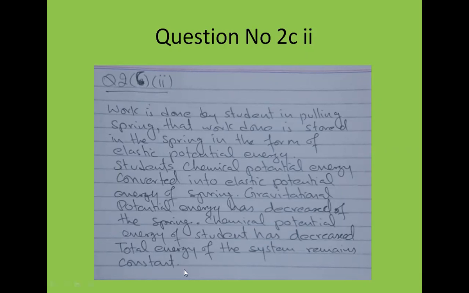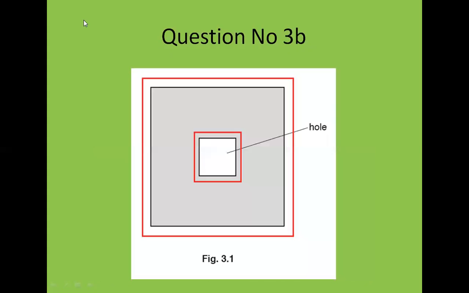I wrote spring here, but the better word, instead of saying spring, is to write load. The gravitational potential energy of the load has decreased. Chemical potential energy of the student has decreased. Total energy of the system remains constant. Hopefully you understand, and let's move.